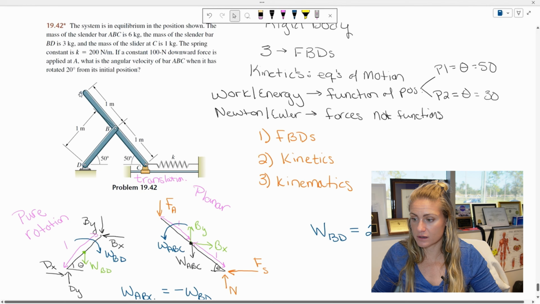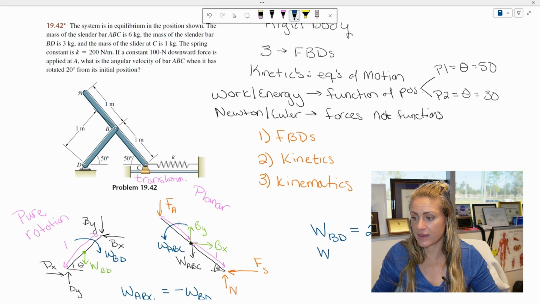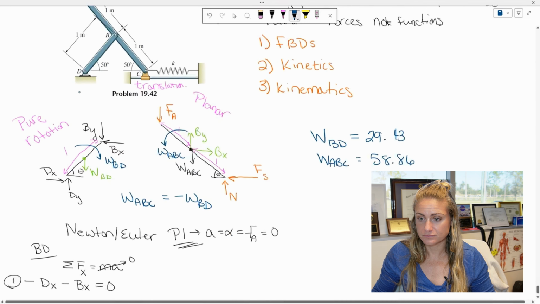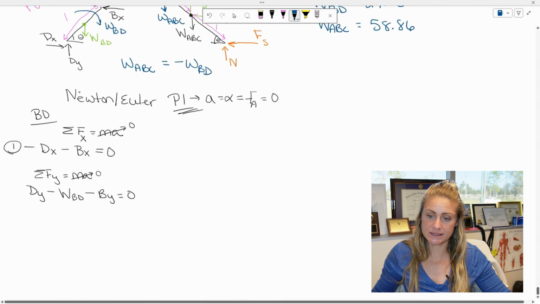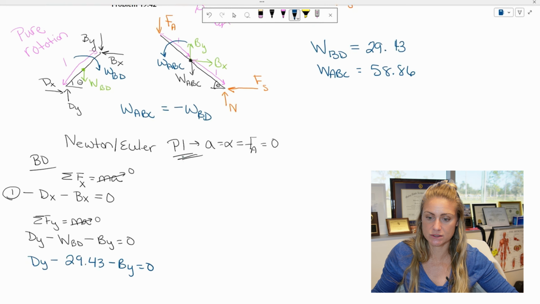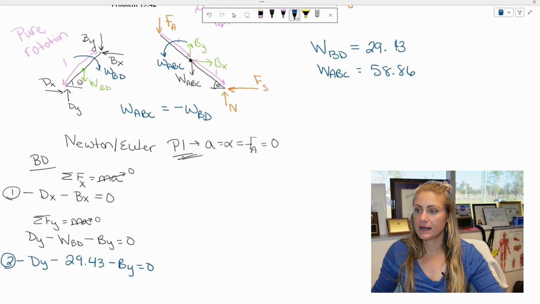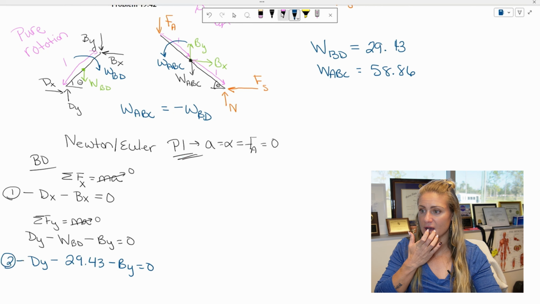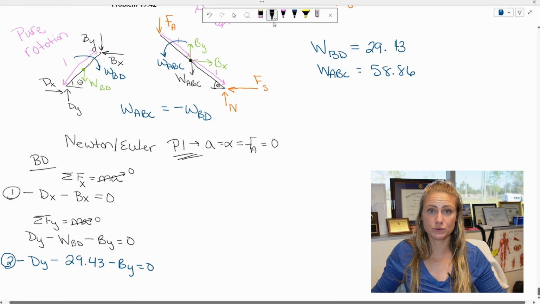And then for the weight of ABC, you need to do 6 kilograms times 9.81, which is going to be 58.86. So here I'm going to say that this is Dy minus 29.43 minus By equals 0. This is equation 2. Okay, that's all the newtons that I can use for that bar.